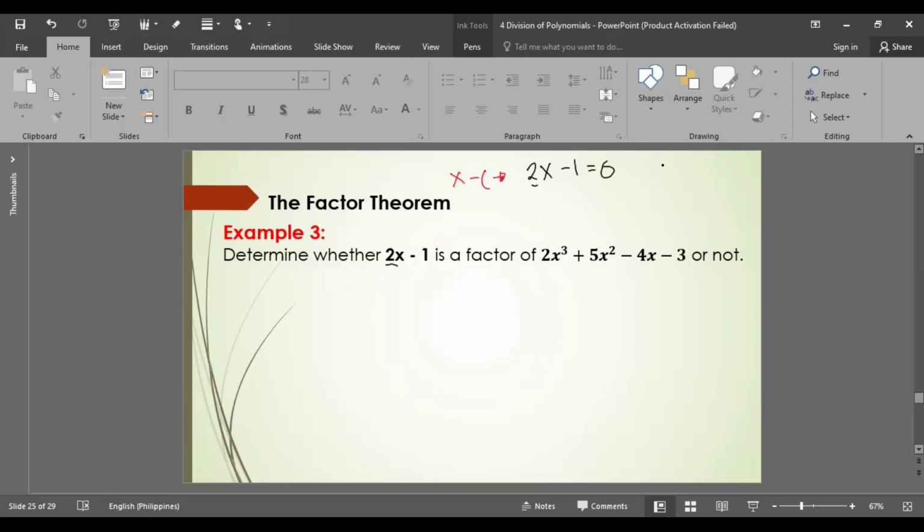So perform the addition property of equality. We get 2x equals 1. To get rid of 2, we have to divide both sides of this equation by 2. Then we get 1/2 as the value of c.